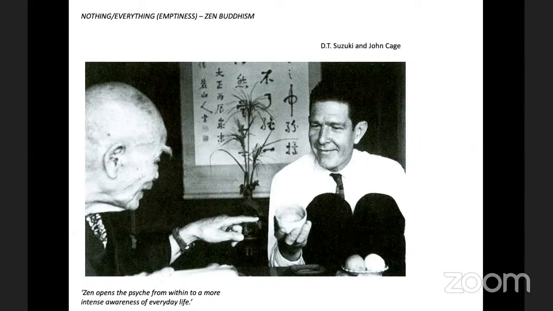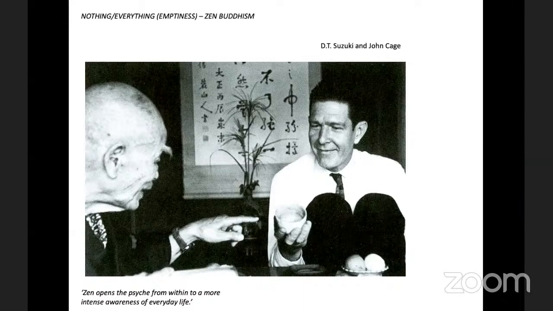So he used these magic square-like charts to compose music. And so he discovered this idea of indeterminacy, that you don't have a premeditated idea, but you use chance methods to compose something.